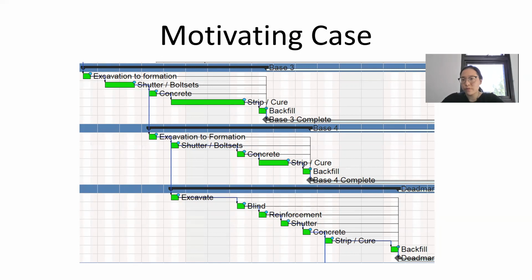However, if we compare base 3 and base 5, which is the last one, there is a slight difference. We can see that these two activities, blinding and reinforcement, were not shown or illustrated explicitly in base 3. But schedulers and project managers can still understand what they should do, even though it hasn't been written explicitly.